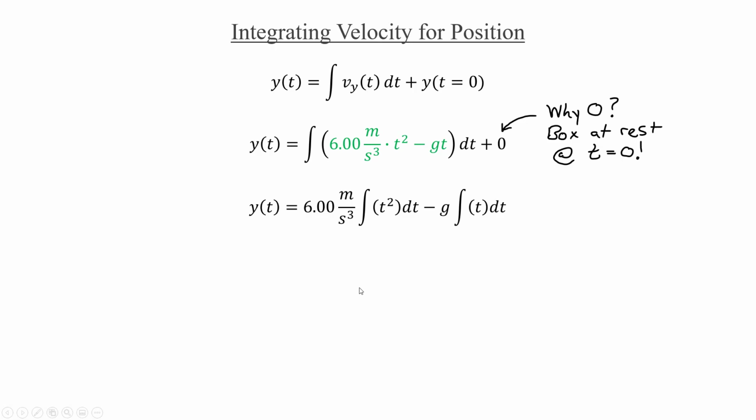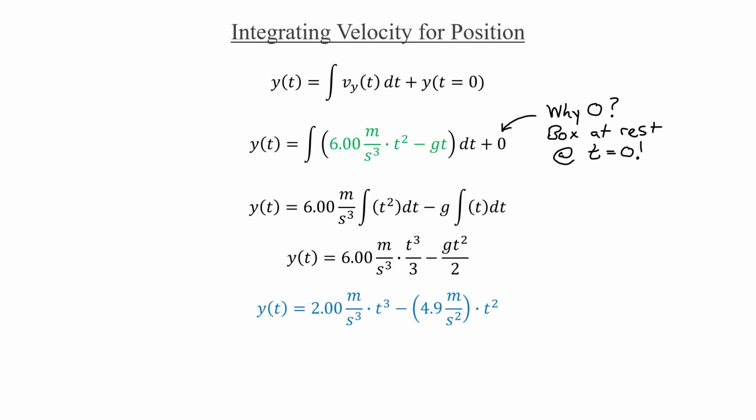It uses the same power rules that we had in the previous slide, so nothing changes there. That gives us this expression, which we can simplify a little bit and plug in our values, which leads us to the final position equation, which I've colored in blue here.